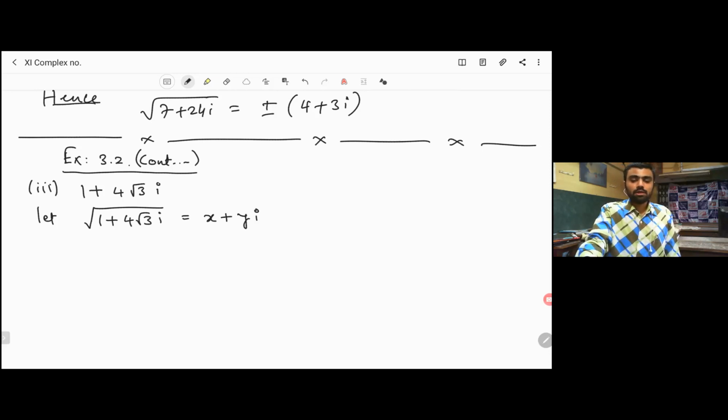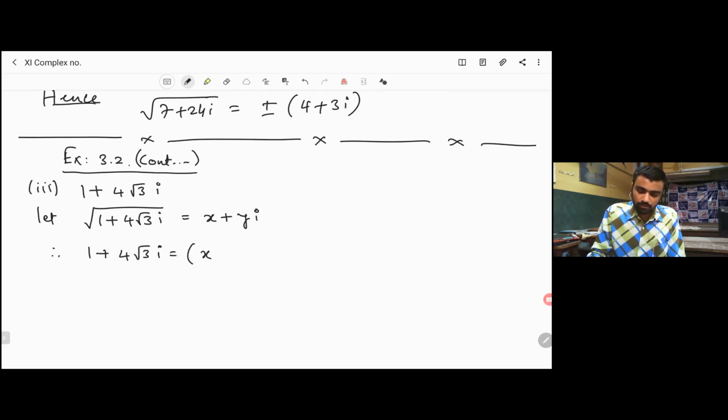We have to assume this way. Now we transfer the square root to the right hand side so that it goes away: 1 plus 4 root 3i is equal to (x plus yi) whole square.